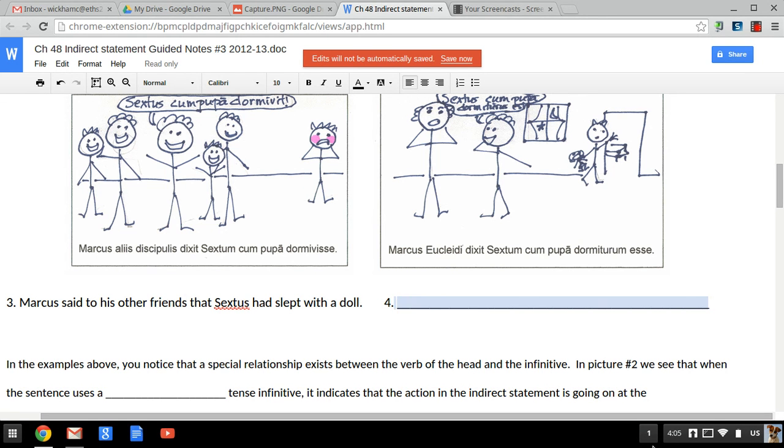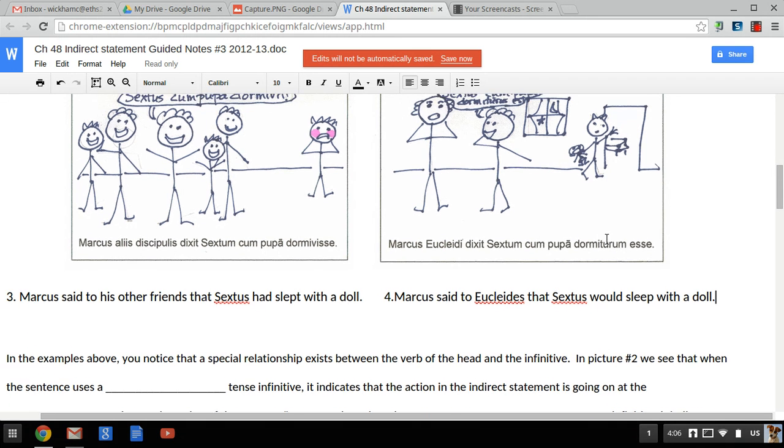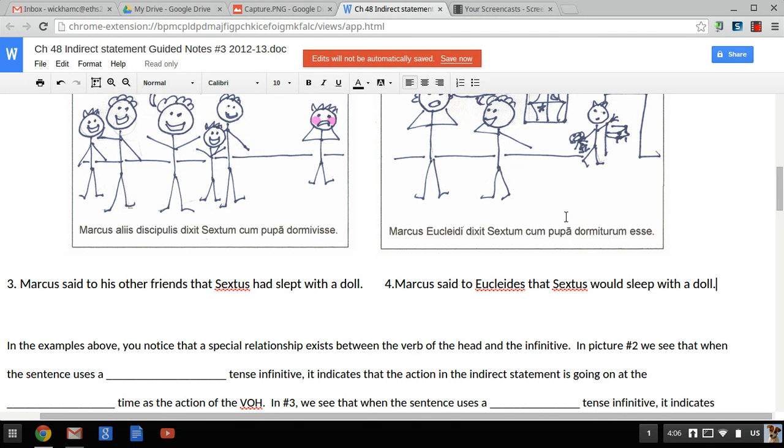And our last sentence is Marcus said to Euclides that Sextus would sleep with a doll. Again, when we've had present tense verbs of the head, like dicit, we could just translate dormitorum esse as will sleep.